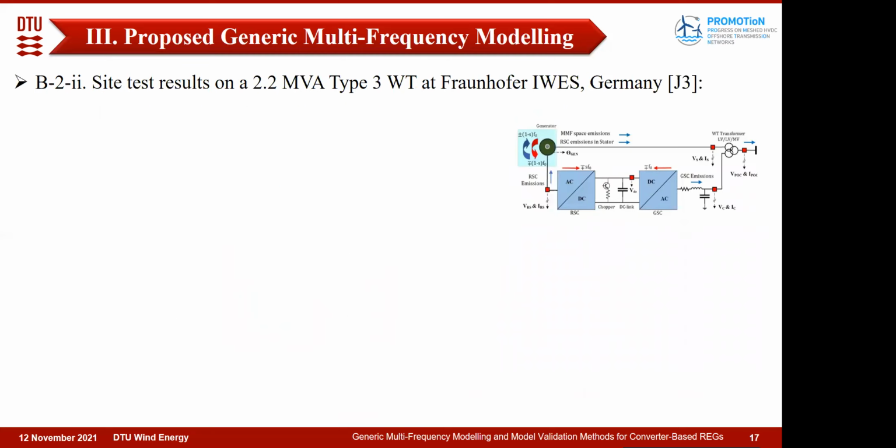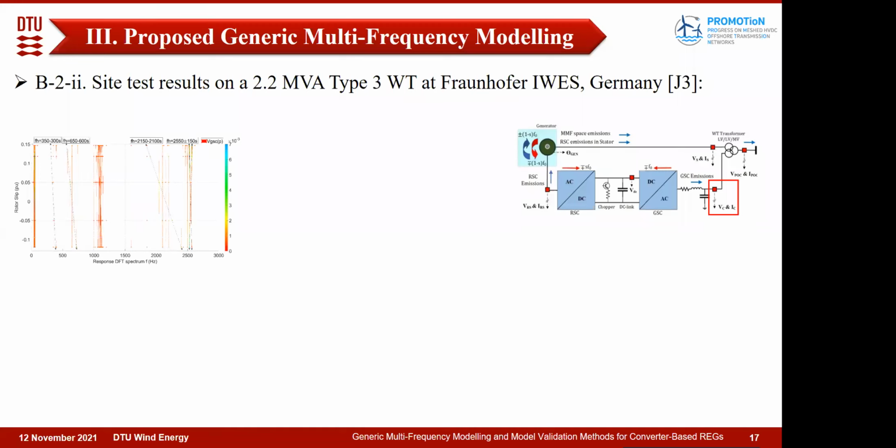So we did the same in the lab test. We tested this at the facility on a 2.2 megavolt ampere type 3 wind turbine. Here we are able to put one set point for the rotor speed, and one set point for the output production, so we know exactly where the set points are. Then we measure different points.